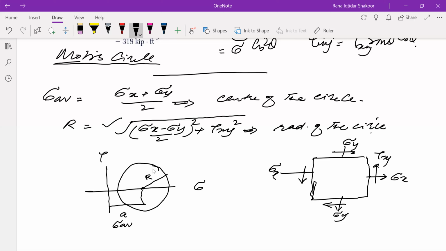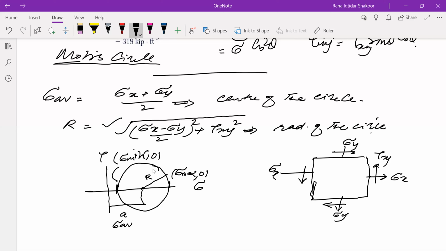So what we did last time, this is the sigma max value, and this is your sigma minimum value, right? When it is sigma max, tau equals 0, and when it is sigma min, the second value of tau is also 0. We have already discussed in detail that whenever you have maximum sigmas, irrespective of whether that is sigma max or sigma min, the tau value will be 0. So no tau exists on this line.